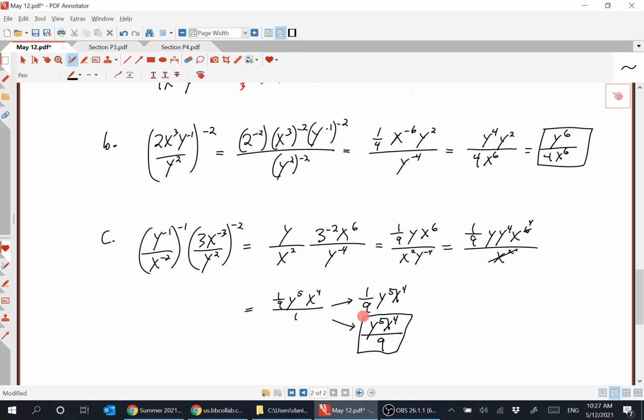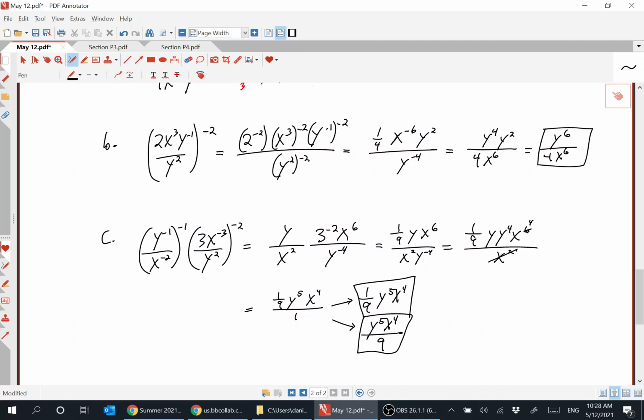I think this is more what the book wants. Although I kind of like it the other way. It uses some extra symbols, but it's customary to put the number in front, and 1/9 is a number, so it's treated a little differently than the unknown quantities. Either answer is fine.